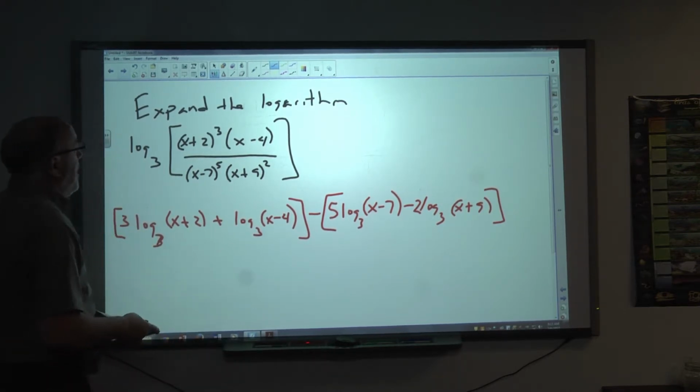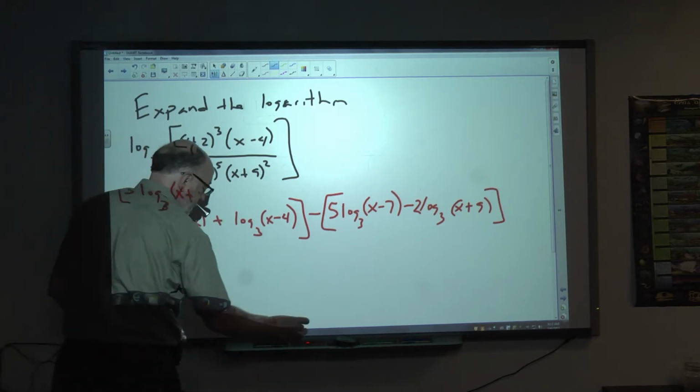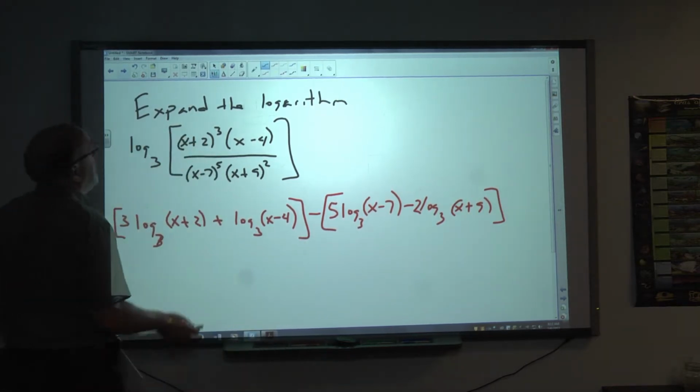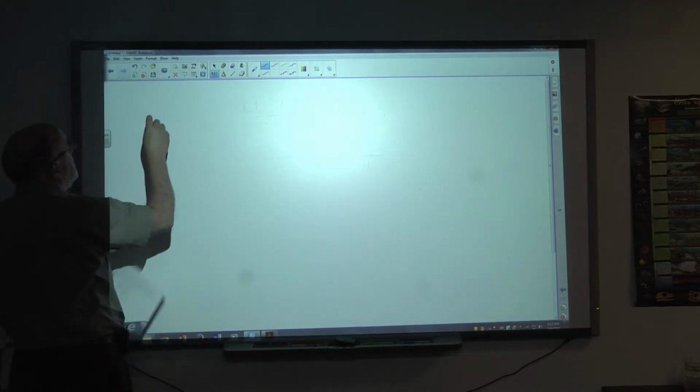So we got in terms of expanding the logarithm. And then being able to do this in the other direction, and that is to write as a single logarithm.